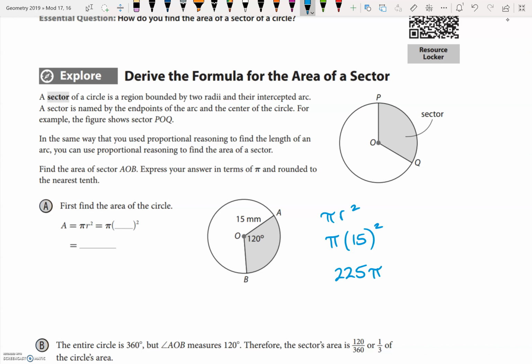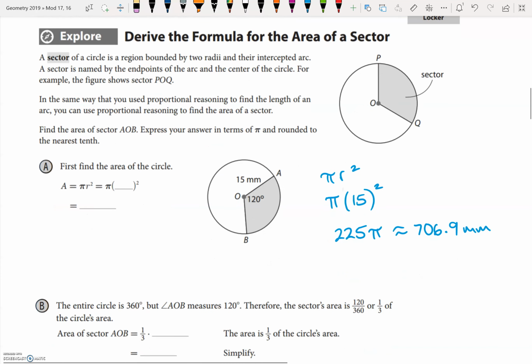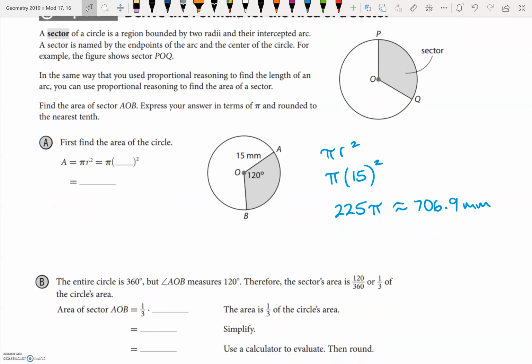Or we could say 225 times pi, which is approximately 706.9 millimeters squared. We have 120 degrees out of 360, so we're going to multiply this number by 120 over 360, because it's out of the entire circle.